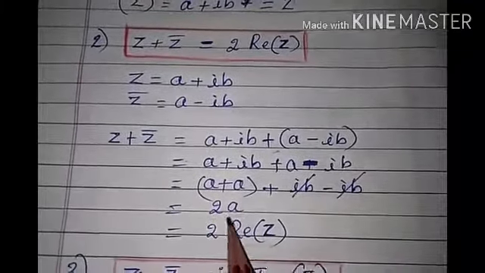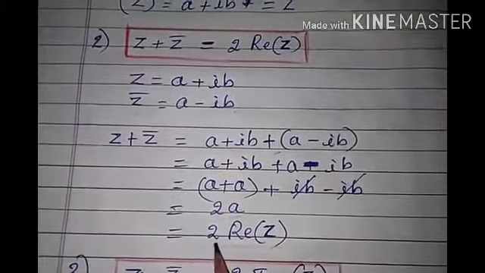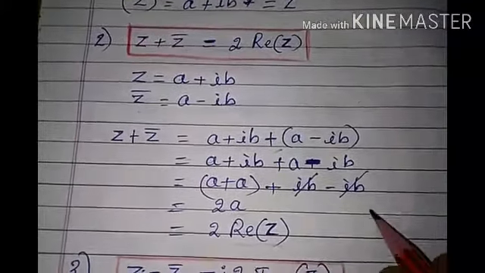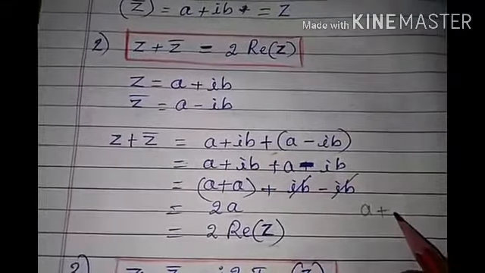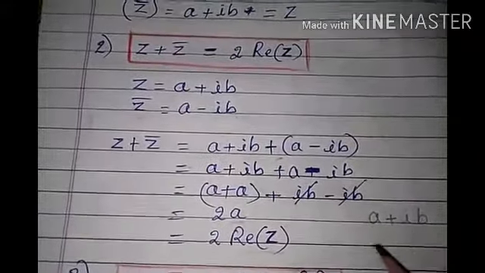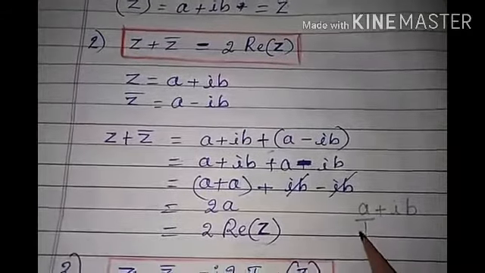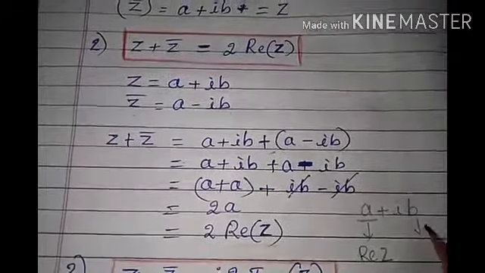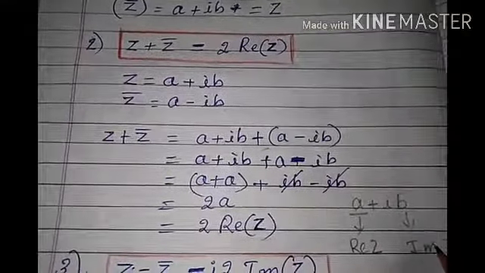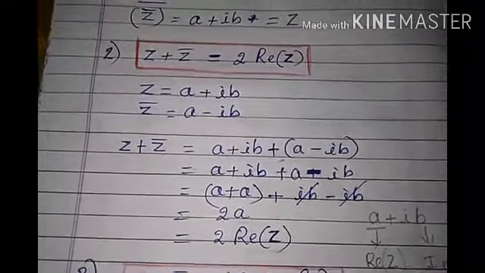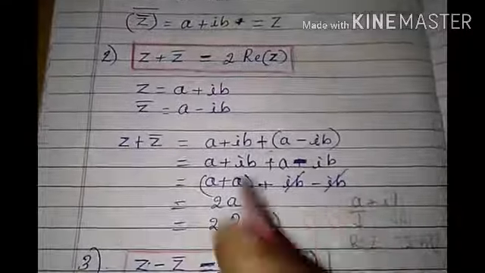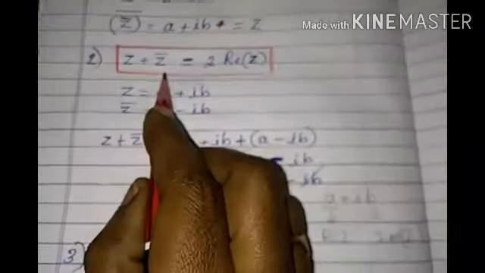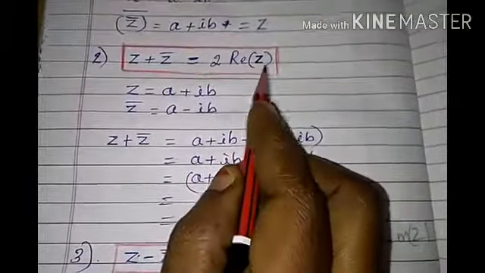So you get 2a, which is equal to 2 into real z, because in the standard form of the complex number we know that a is called real z whereas b is called imaginary z. Therefore we say that z plus z bar equals 2 into real z.